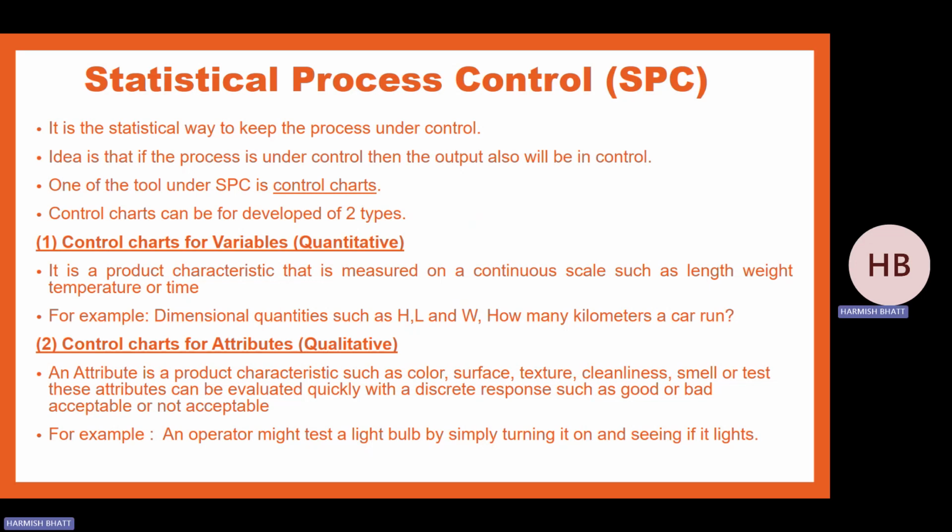So here we are not going to measure anything. By feel and by look, we decide whether the item is acceptable or not acceptable. That is called the qualitative approach. Under the quantitative approach, measurements are taken and plotted, and if the measurement is within the upper limit and lower limit, then the item will be accepted, otherwise it will be rejected.